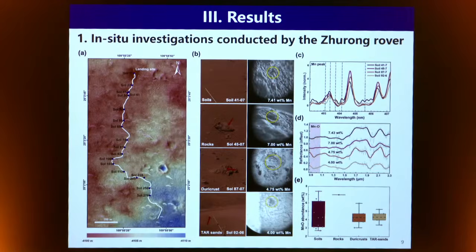Elemental analysis using LIBS revealed pronounced peaks in the manganese doublet. In addition, the infrared spectra showed a broad absorption band of manganese hydroxide, and the concentration of manganese was then estimated with an average of about 4.5 weight percent.